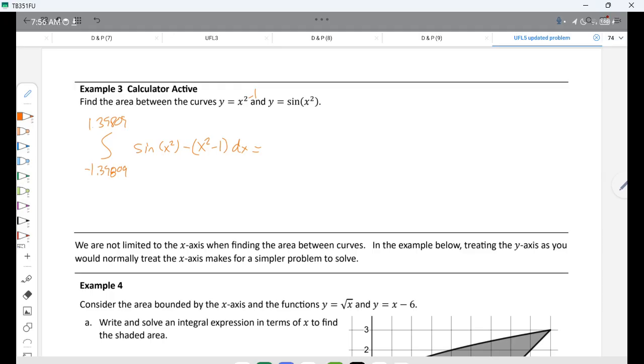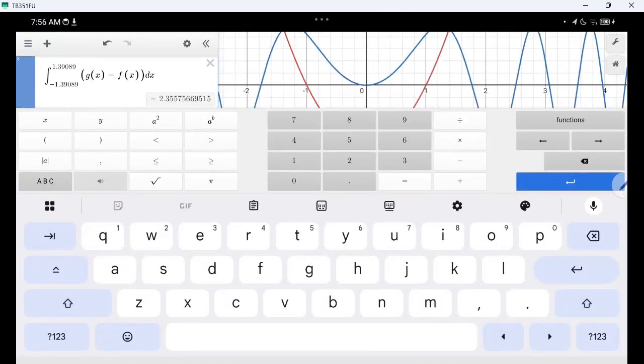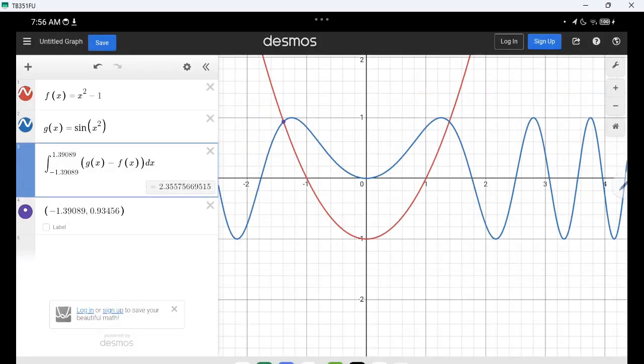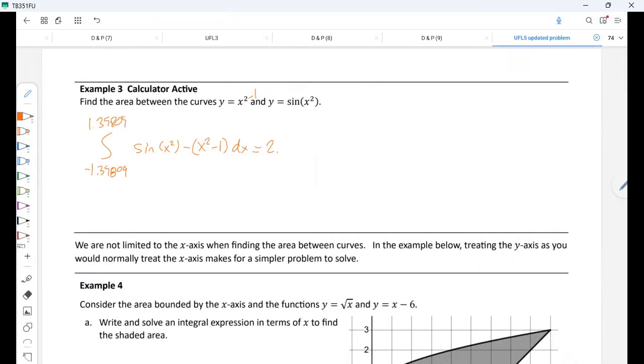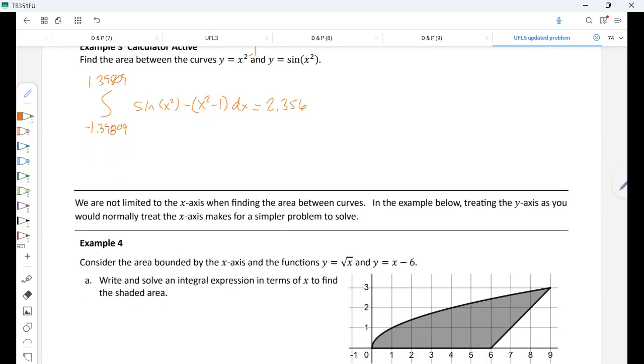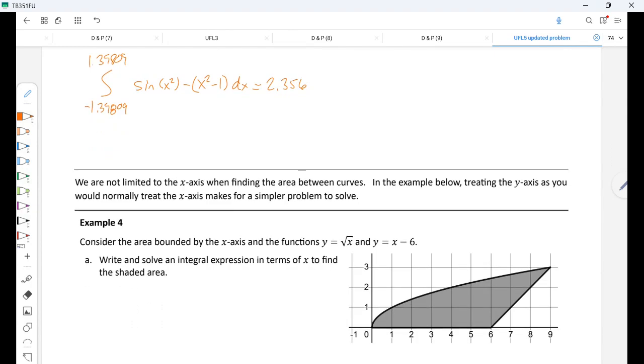And our answer was 2.356. So yeah, man, Desmos and a question like this that's calculator active, life is super easy. I don't feel like these end up too often to be calculator active in the open-ended FRQs, but I'm sure there's MCQs that may be like that.